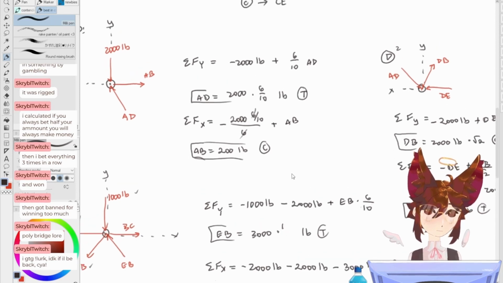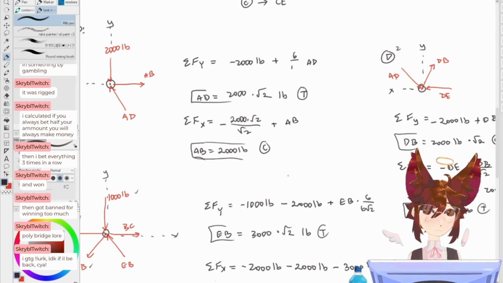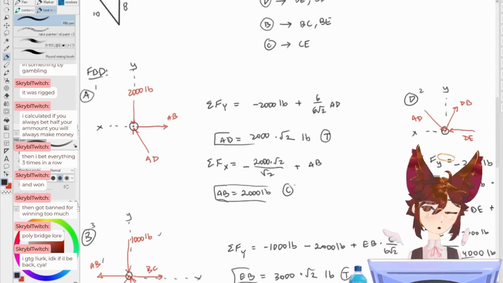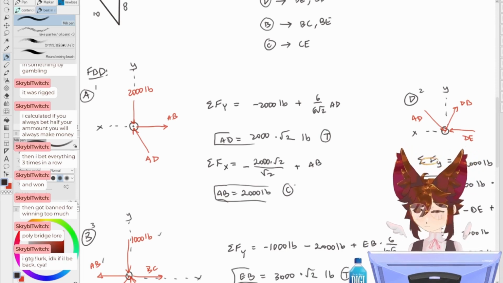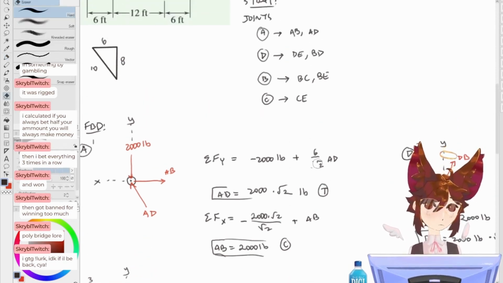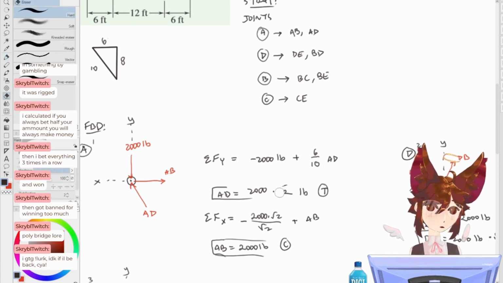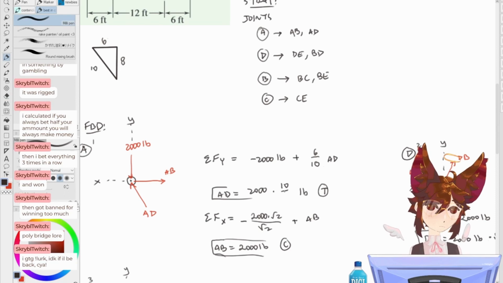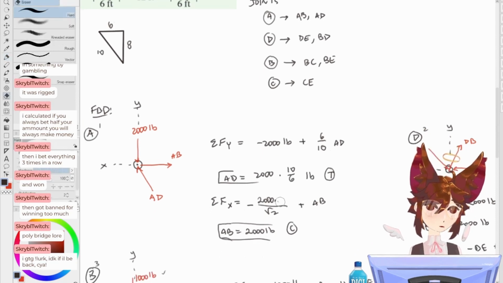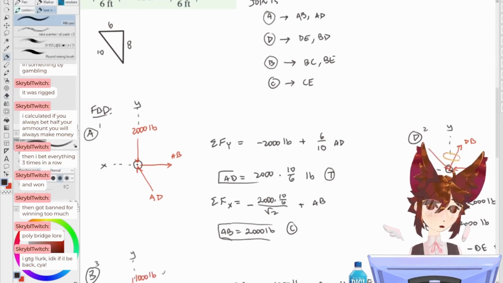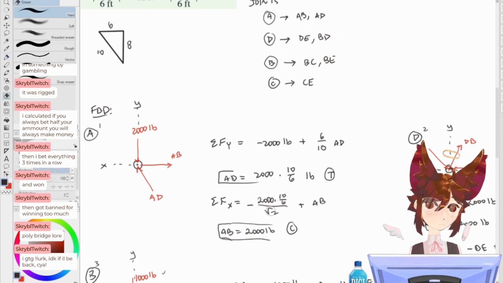Oh god. Okay, wait, let me restart this. Okay, so it's 6, and I was saying 6 over... So this one is going to be 6 over 10. This becomes 10 over 6. We flip it. This is 10 over 6. Root 2 is going to be... It's essentially saying 6 over 6 root 2.